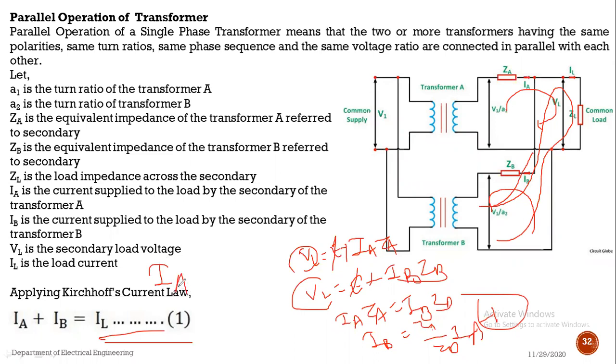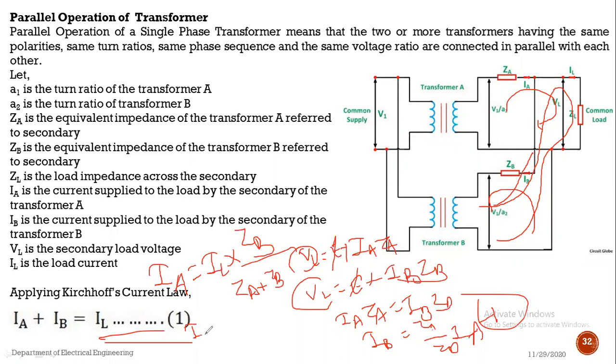लोड शेअर बाय वन ट्रान्सफॉर्मर, पहिल्या ट्रान्सफॉर्मरनं शेअर केलेला लोड, total load current that is IL into opposite transformer impedance that is ZB divided by sum of impedance of both the transformers, दोन्ही ट्रान्सफॉर्मरच्या इम्पिडन्सची सम.